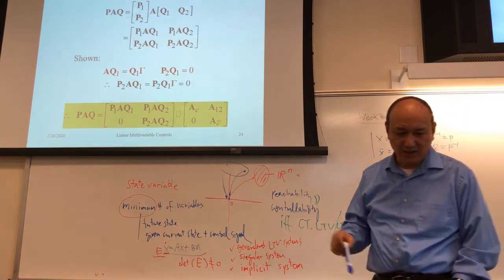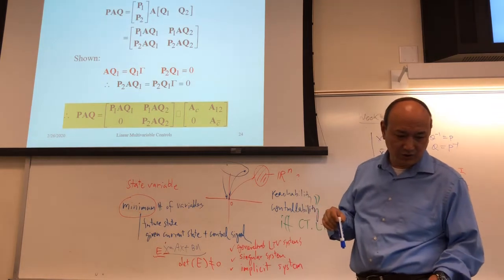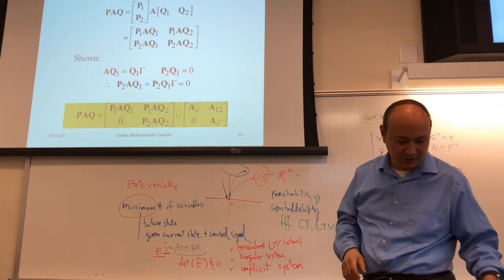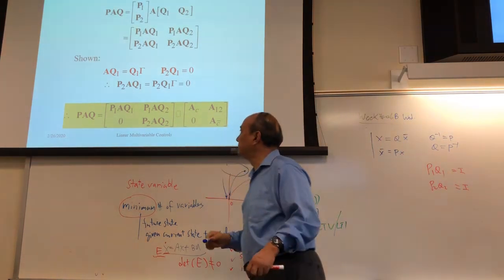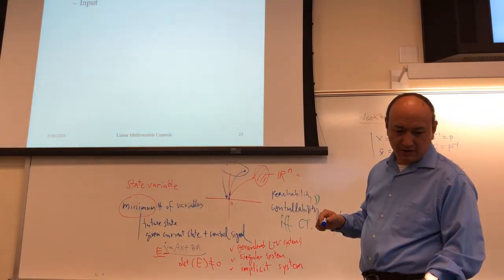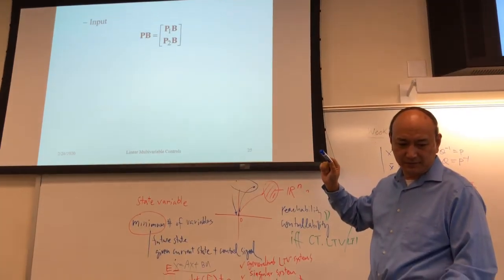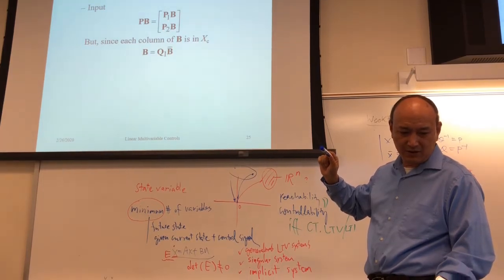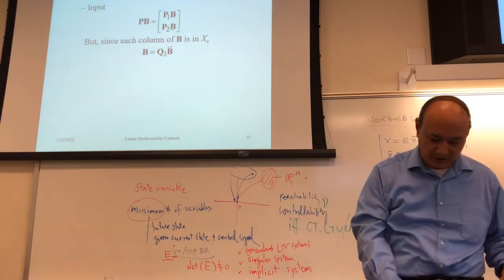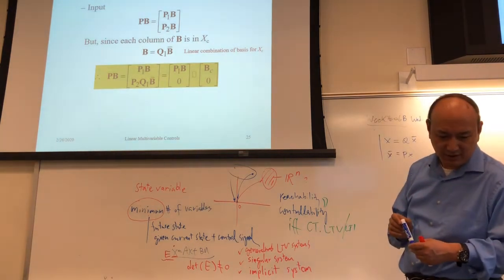So AC is the controllable state matrix, and AC bar is uncontrollable. And A12 is P1AQ2. And the input signal is P1B, P2B, and P2B should be 0 to me, because there's nothing there.